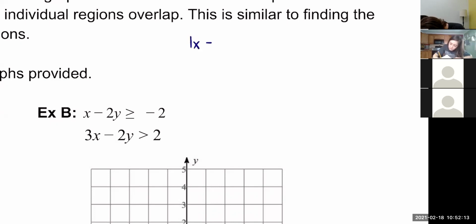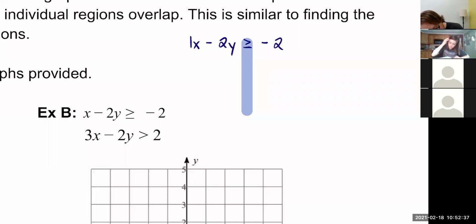1x minus 2y greater than or equal to -2. And for the sake of consistency, I'll put my little guideline in there. Trying to get the slope-intercept form, old news, so I'm going to go a little bit faster through that process.